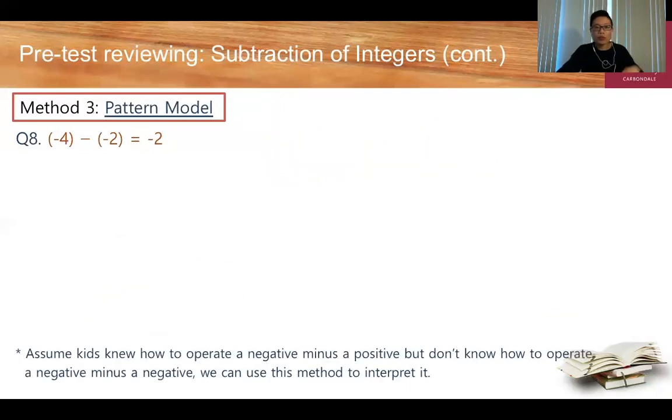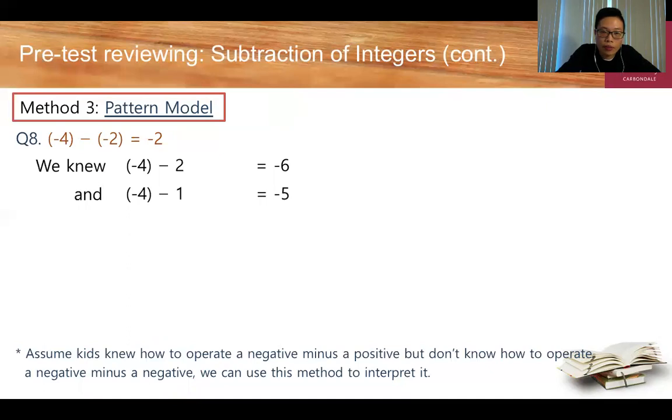Okay, let's move to the pattern model. In the pattern model, we assume kids know how to operate a negative minus a positive, but they don't know how to operate a negative minus a negative. So we use this method to interpret. We know -4 minus 2, the product is -6.